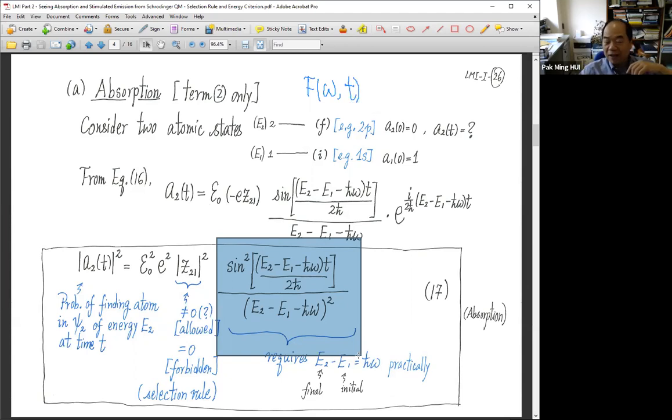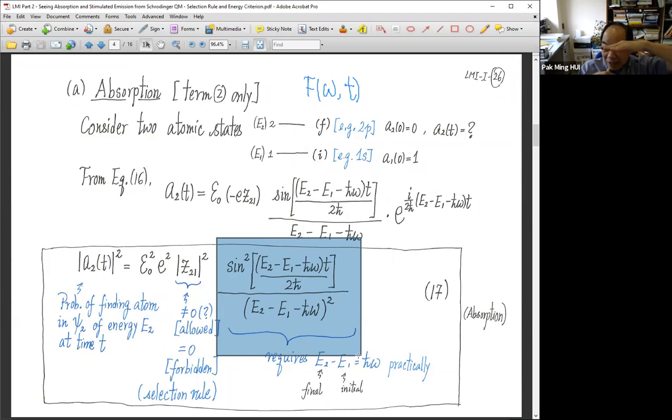That is to say, if I have E1, E2 fixed, and omega also fixed, then I see how this thing changes with time. Well, that's natural because all this omega t are there, okay? Now, even worse, or even better, you can see that as a function of E2 minus E1, okay? You have omega and time, and now you look at, E1 is here. There are many possible final states.